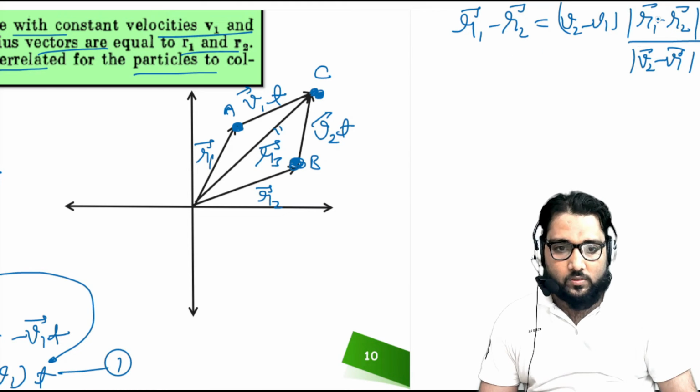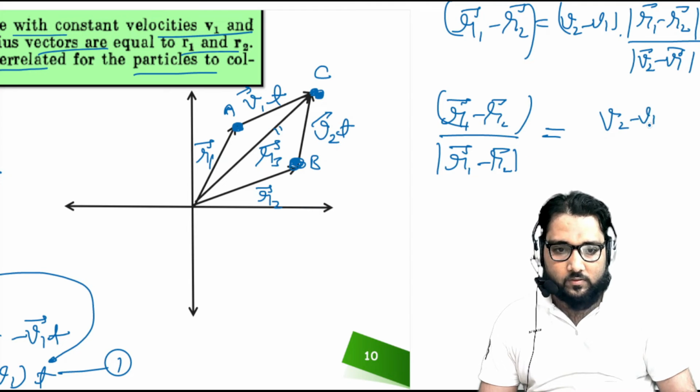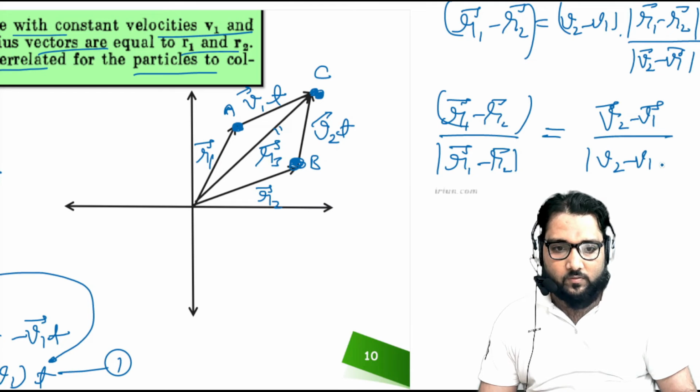Okay, so this is in multiply portion. First take this portion into this denominator upon the modulus r1 minus r2. Here v2 minus v1, again v2 minus v1.